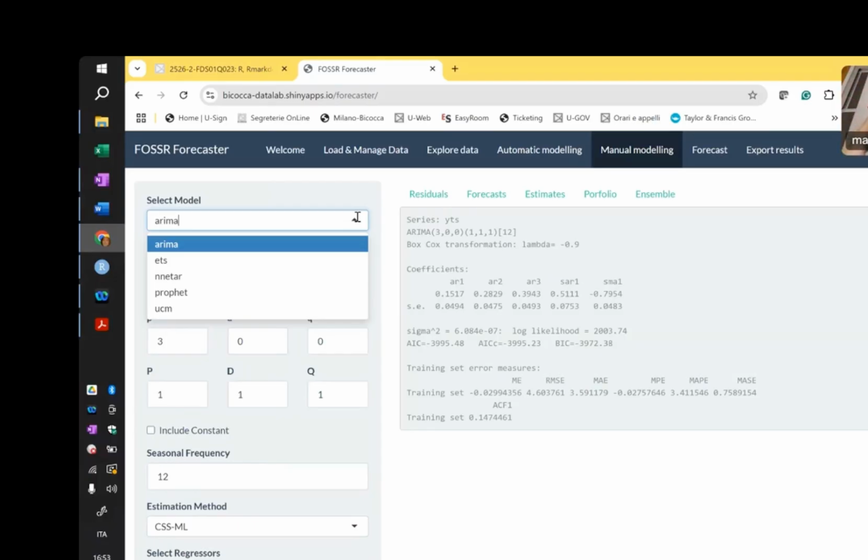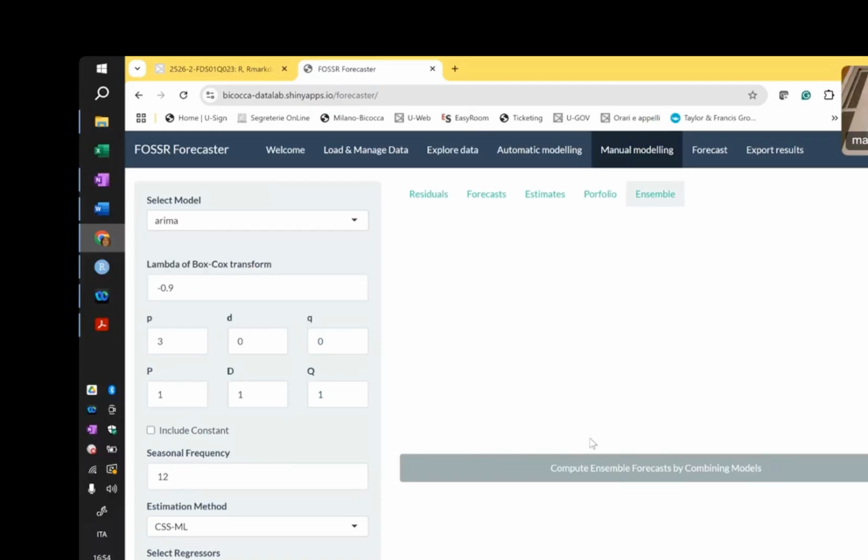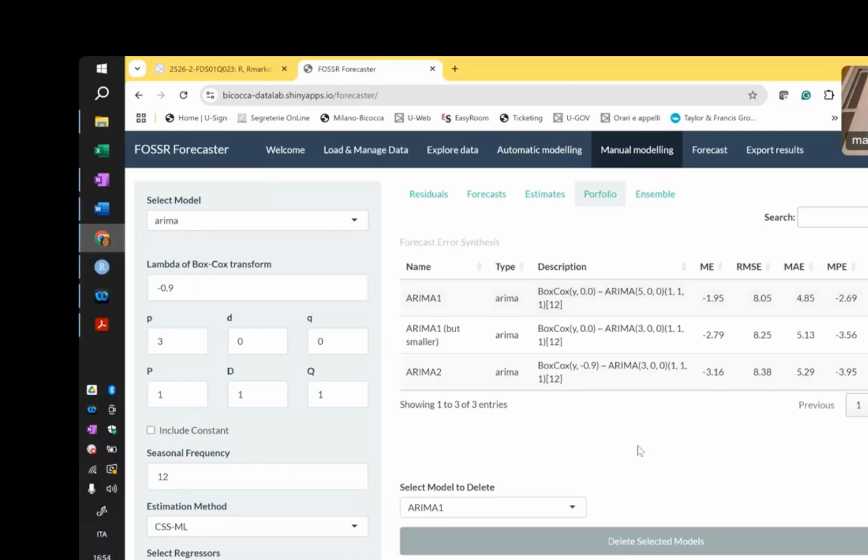It's very easy to beat, it's not that great. It's good if you have multiple seasonalities, for example, Prophet is able to deal with multiple seasonalities. And then, of course, you can do many more. So now we have like 3 models here. Actually, the first one was the best one.